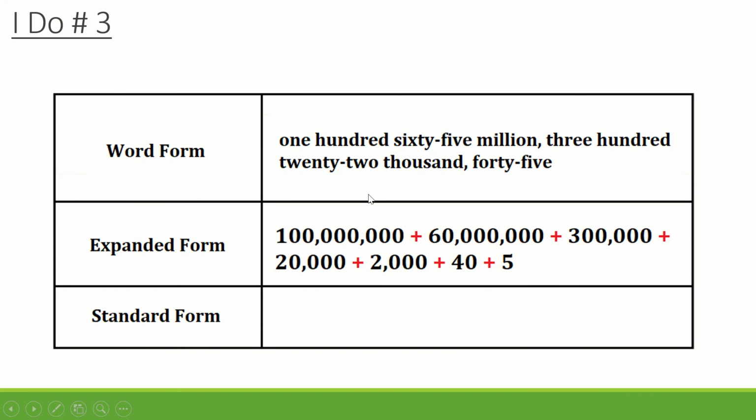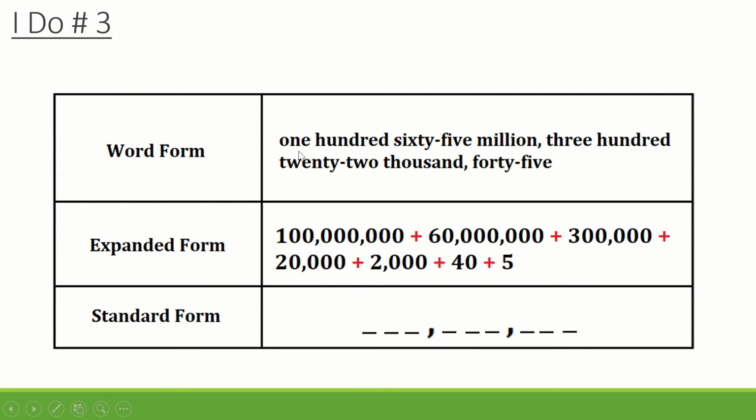Next, we have another number which has been given to us in its word form as well as its expanded form. And again, the first thing that I want to do is place 9 blanks with 2 different commas to separate the 3 different periods. And so I have my ones period, I have my thousands period, and then I have my millions period.